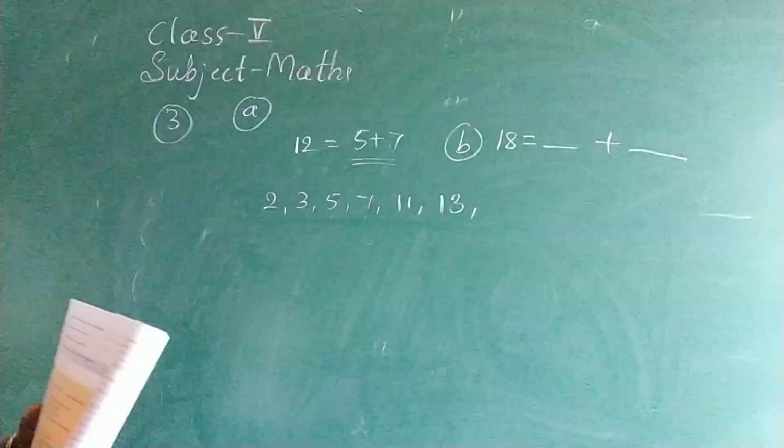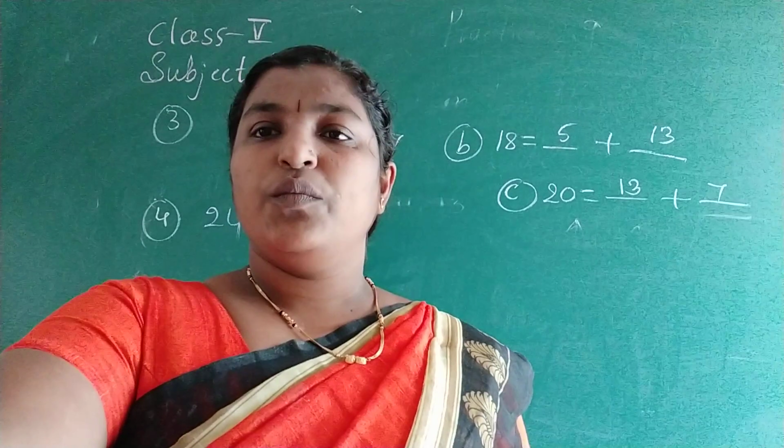See, the prime numbers between 1 to 25 are 2, 3, 5, 7, 11, 13, 17, 19, 23.